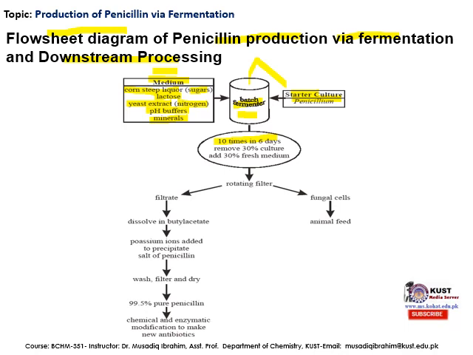So it means that with the passage of time, as we discussed in the previous slide, in the timeline of the growth of the microbial culture, we have seen that as the fungal cells start to grow, the lactose concentration decreases, and ultimately when the fungal cells reach a stationary phase, the production of the penicillin starts. So you can see that the culture becomes 10 times in 6 days.